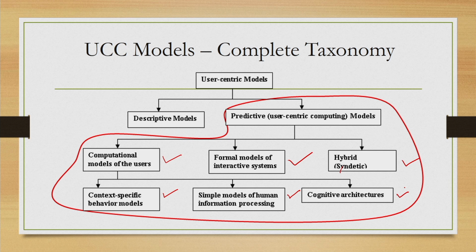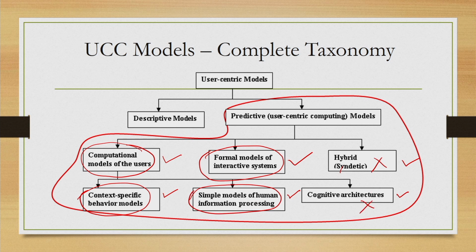In this course, we will focus on computational models of the users and the formal models. So, we will not talk about syndetic models. Further, in the computational models, we will talk about context specific behavior models and simple models of human information processing. We will not talk about cognitive architectures.